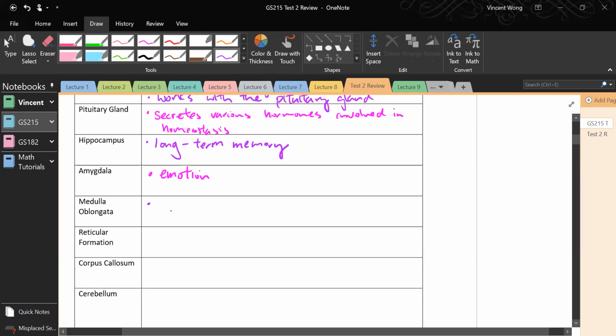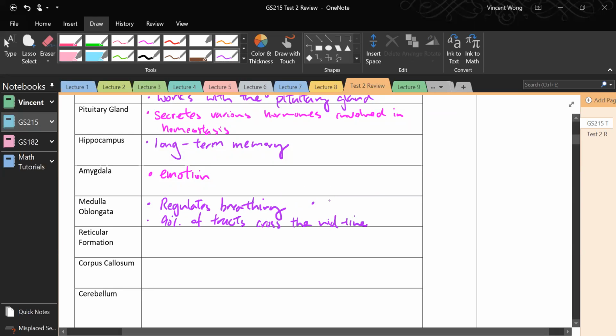Next one, medulla oblongata. Medulla oblongata is part of your brainstem. So it is responsible for a lot of the autonomic stuff. One of the things we learned very early in the course is it regulates breathing. And we also learned that 90% of the tracts cross the midline here at the medulla oblongata.